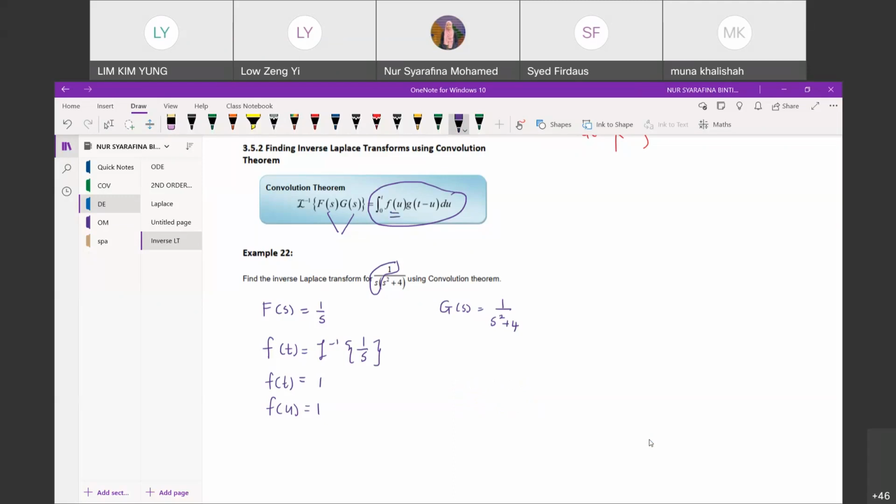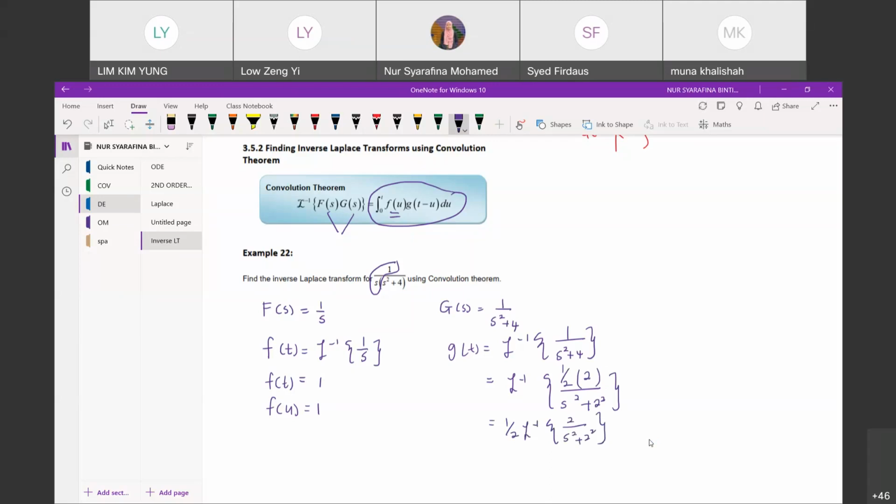Now, G(t minus u). You have Gs, and Gs is 1 over s squared plus 4. So you can find your Gt by inversing 1 over s squared plus 4. This is s squared plus a squared. So a should be 2 because this is 4, but we have 1 in the numerator, so just multiply by 1 over 2 and put 1 over 2 outside.